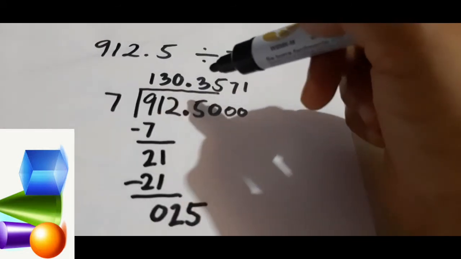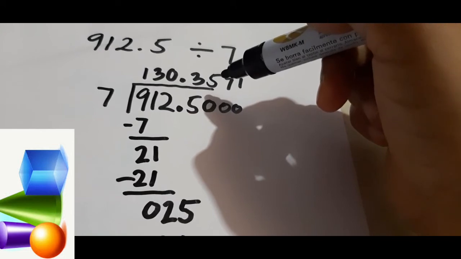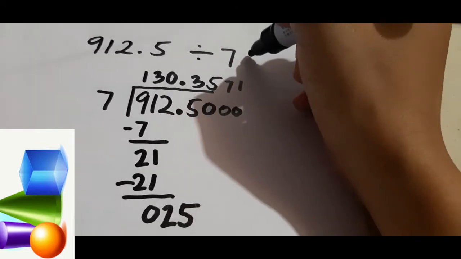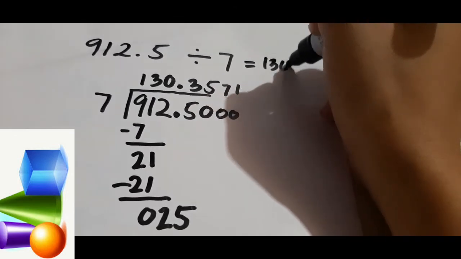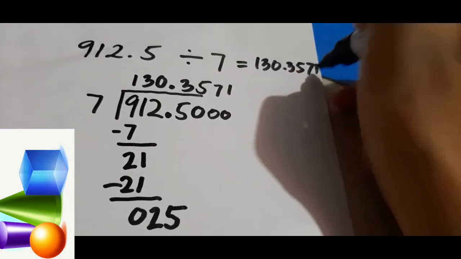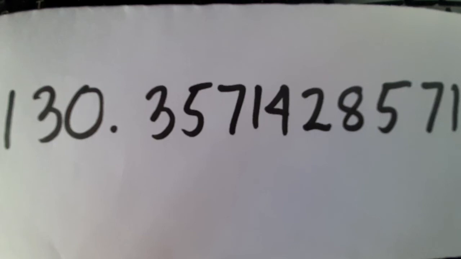So we have 130.3571. So you put here 130.3571. Or you can have a longer answer if you continue to solve it.